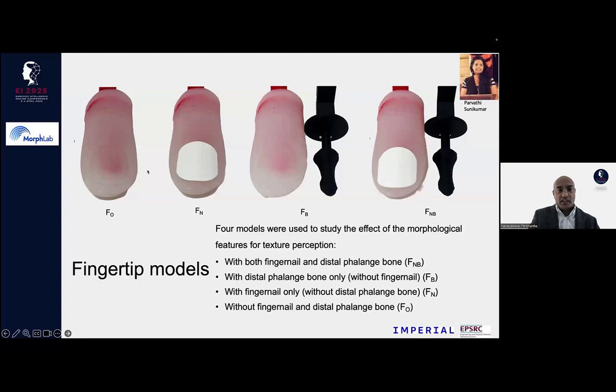So we tested with fingers without a bone and a nail, with the nail only without bone, and then only a bone without a nail, and then nail and bone together. We suspected that the nail is working like a lens that focuses information, and if so, we should have clearer information with the nail compared to without the nail.